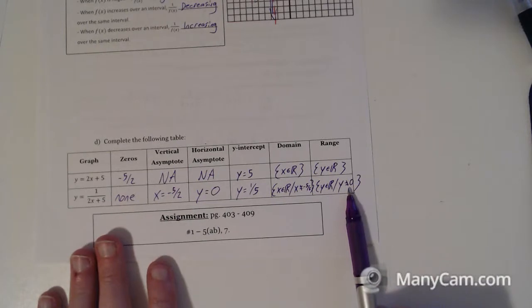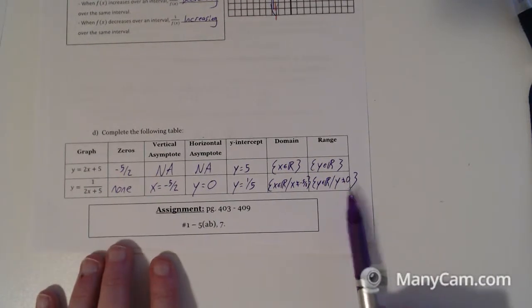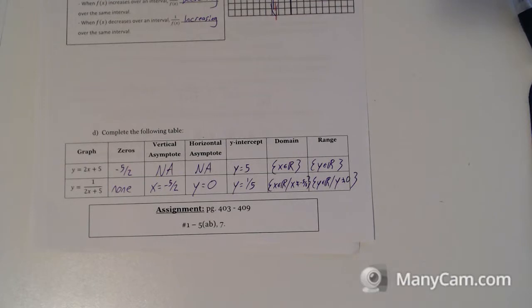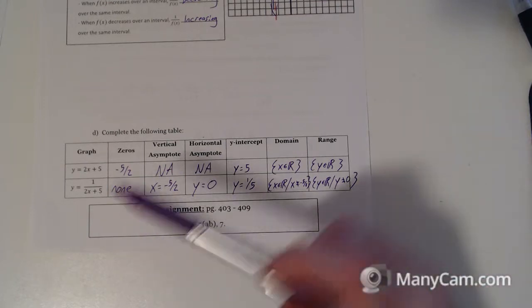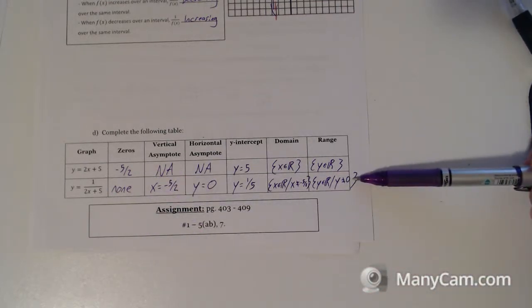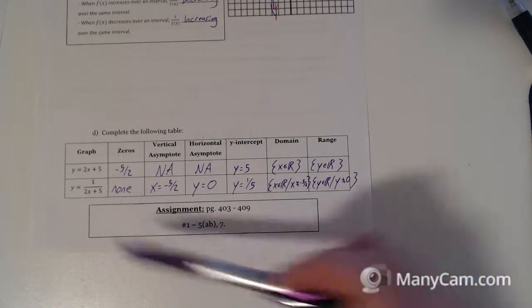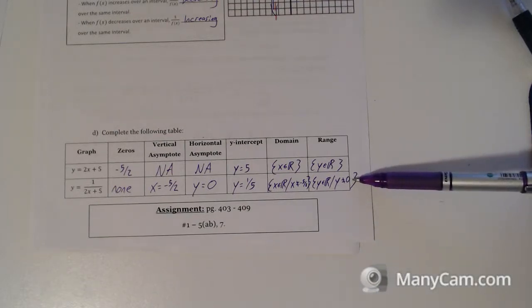0 is hard to find out. This is probably the only one that we can't really see just by looking at this thing, where the horizontal asymptote is going to be. But there's going to be a quick rule when we get into grade 12. Basically, it's always going to be 0 if the bottom is bigger. If the bottom is a bigger degree function, it's always going to approach 0. So the only way we can make it not 0 is if we added a number to the outside.